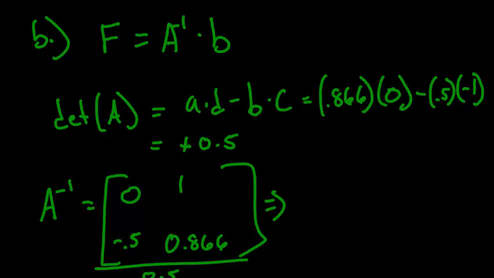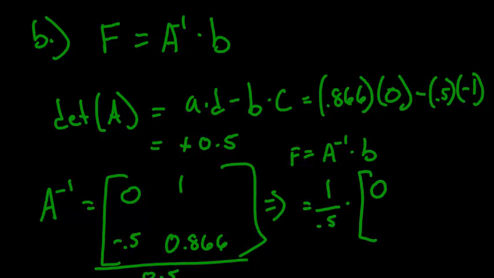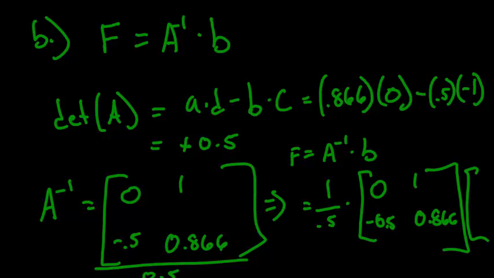So F is equal to A inverse times B. A inverse is equal to 1 over 0.5 times the matrix 0, 1, negative 0.5, 0.866, multiplied by B, where B is 0 and 750.